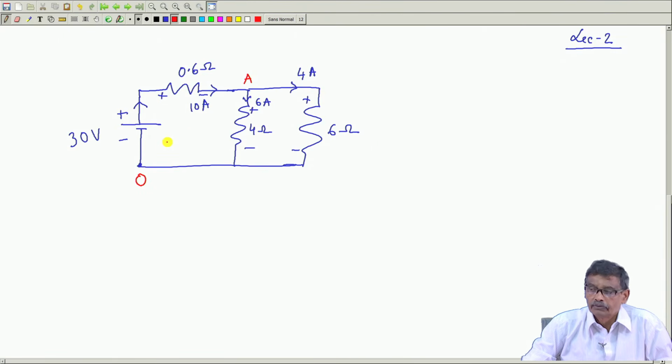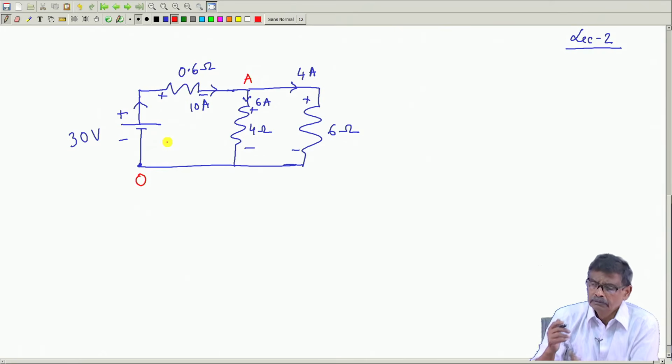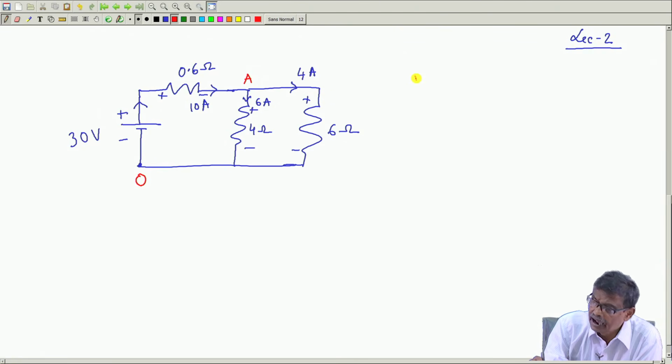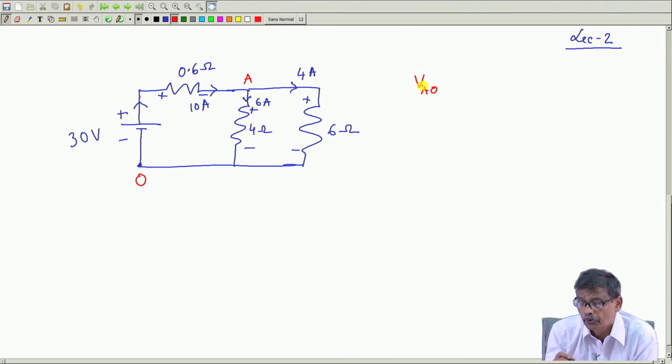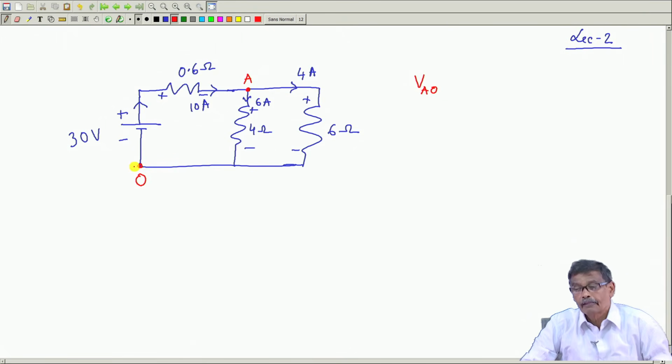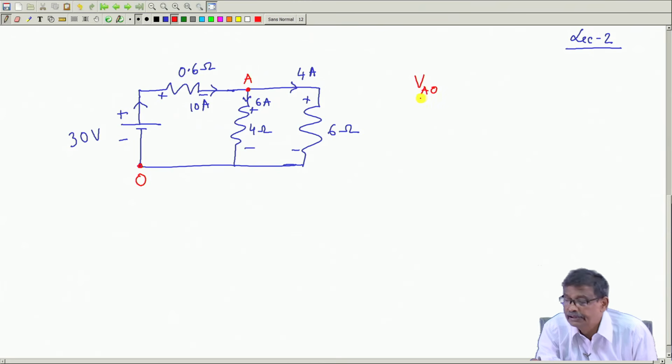How to find it out? That voltage I will call VAO, that is, I am interested to know the potential of this point A with respect to O. So, this is the thing you should read, potential of A with respect to O I want to find out.